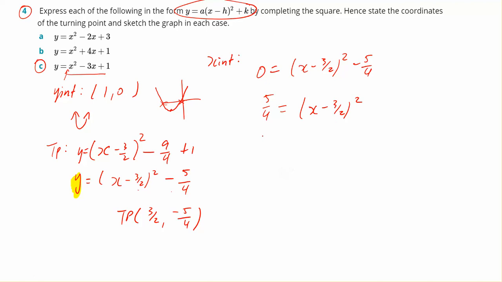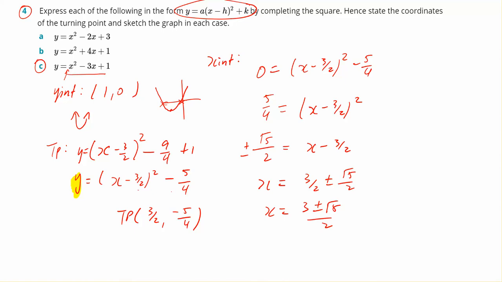So the square root of 5 is square root of 5, square root of 4 is 2, plus or minus equals x minus 3/2. So get rid of the square. I add 3/2 to both sides, so 3/2 plus or minus root 5/2. Now, because they're both over 2, you can simplify that to 3 plus or minus root 5 all over 2. Okay, so it's nice and neat.